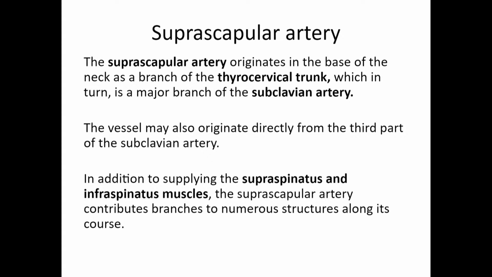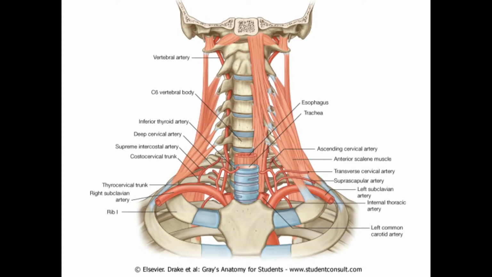Okay, so this is again the same photo that I mentioned to you. We have the right subclavian artery, then the branch is here, the thyrocervical branch, and after that it is divided and gives us the suprascapular artery, right?